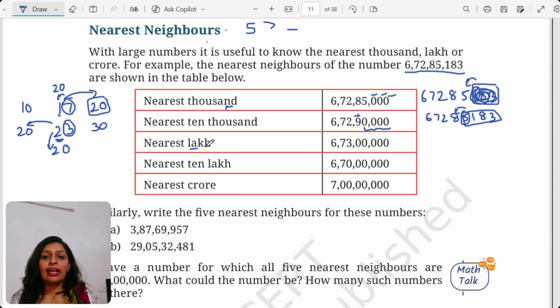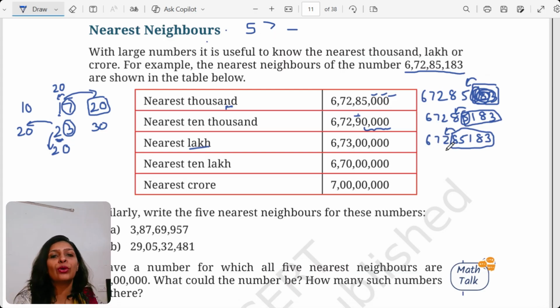Now, lakhs. Lakhs has five zeros. So now we are going to see the last five digits of my number. So last five digits means now I have to see this 8 also. Okay, so now 8 is again greater than 5, so it will increase, it will make it more powerful, and it will become closer to this.